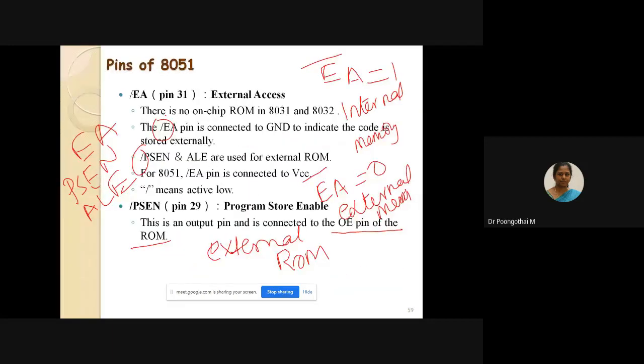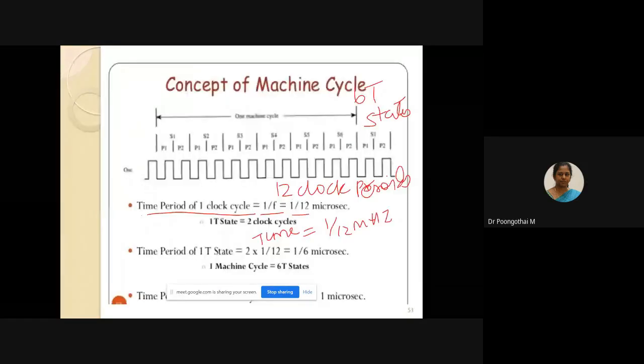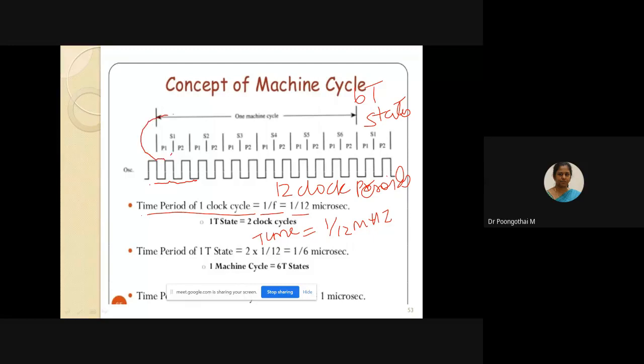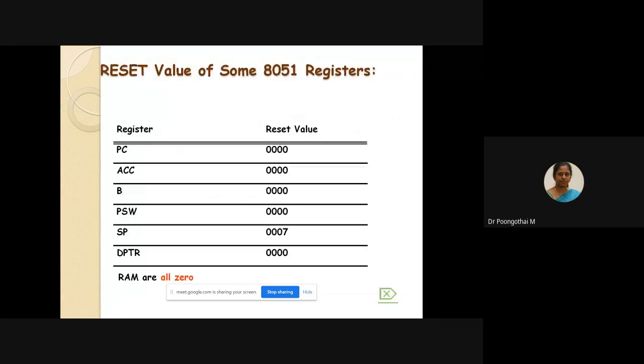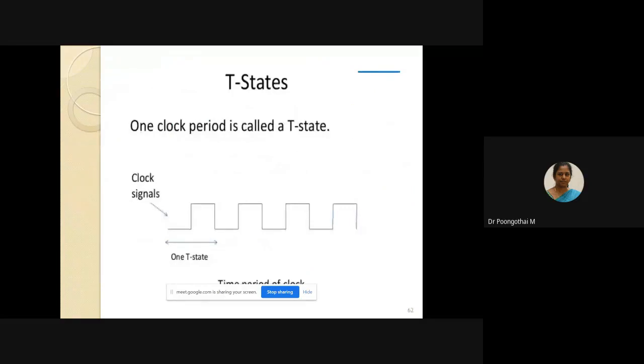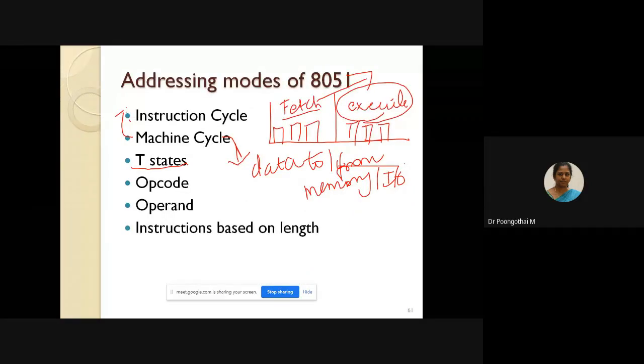Two clock periods is equal to 1 T state. Look at this diagram. Two clock periods is called 1 T state according to our 8051 microcontroller. One machine cycle consists of 12 clock cycles. Okay. So the clock periods are known as T states.